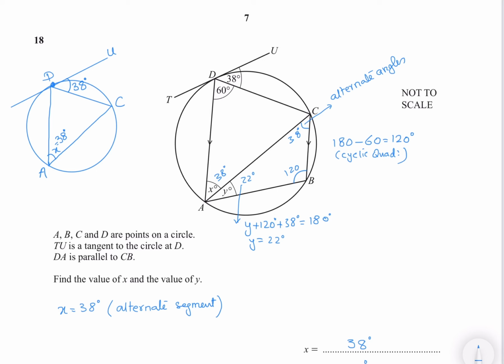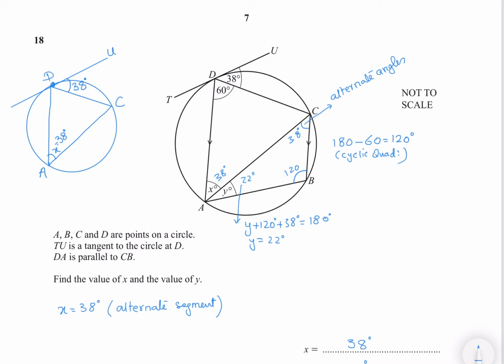A cyclic quadrilateral is any four-sided figure whose corners touch the circumference. The property of a cyclic quadrilateral is that opposite angles are always supplementary, meaning their sum equals 180 degrees. If I subtract 60 degrees from 180, I get 120. So I wrote angle 120 at B.